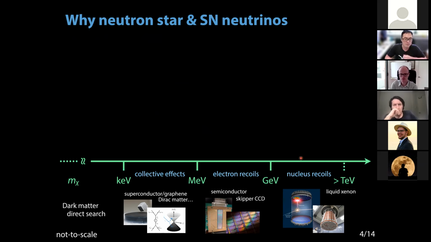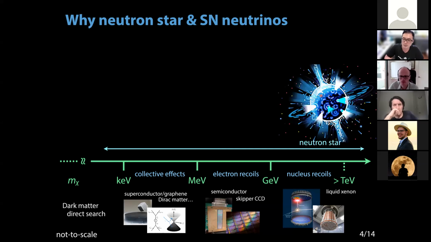Okay, so now let me move to the motivation of this project, that is, why we target the neutron star and supernova neutrino. The neutron star has a very good benefit because it is sensitive to dark matter mass in a very wide range, from keV to TeV and beyond.